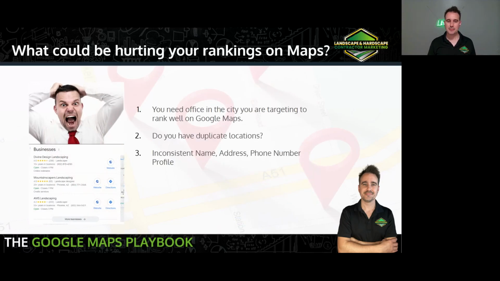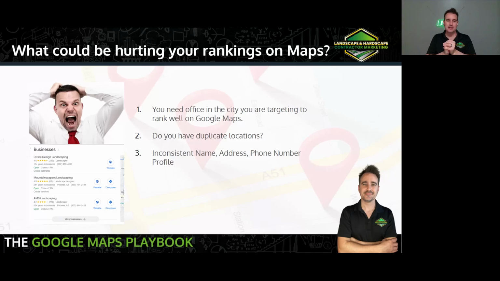Now, the next step here is we're going to take a look and see if your rankings are being damaged, and maybe you don't even know. Maybe if you haven't done a rank check before, you just might not know that this is the case. But the key thing here is, because Google is so location centric, again, think about that, putting that antenna on the map.